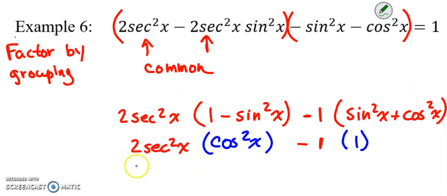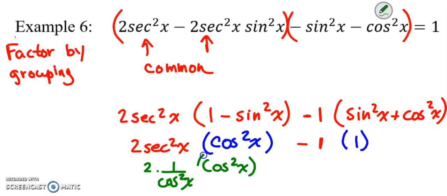All right. So here we know secant is 1 over cosine. So I'm going to do 2 times 1 over cosine squared, because that's 2 that we keep, and then that's 1 over cosine squared. And then here we have cosine squared, and we have a -1 times 1, which is just -1, we know.